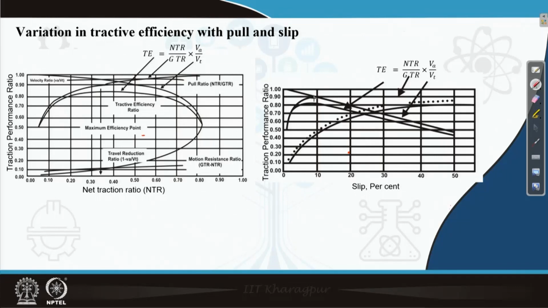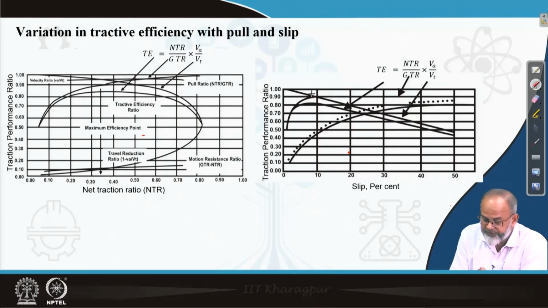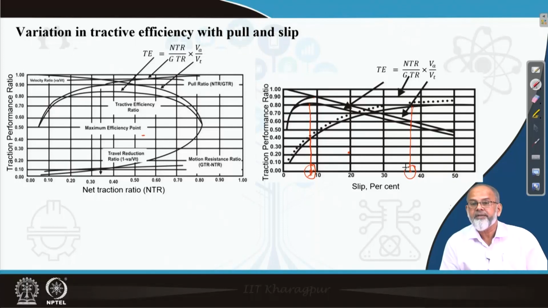If I draw a vertical line here corresponding to maximum tractive efficiency, this is the corresponding slip. Now if I draw a vertical line here, this is the maximum pull. The slip at which you get maximum tractive efficiency and the slip at which you get maximum pull are different. So now the choice is ours, whether you want more tractive efficiency or you want more pull.